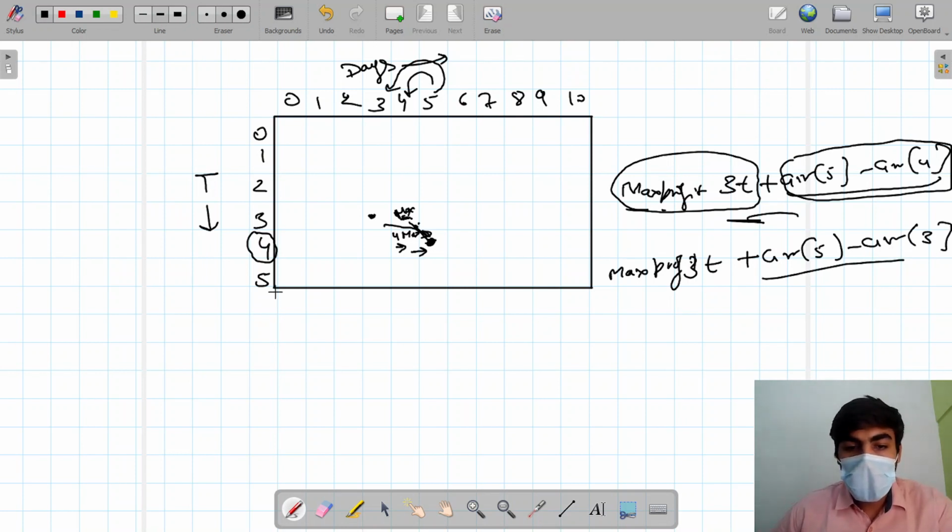Then check which of these 3 is greater. The greater one will come here and take over the place, because we have to find out the maximum profit here. Same with that, and same with that. Out of all these values, the greater one will come here and all others are rejected. There is a fight between all these, and the stronger one wins and comes here.